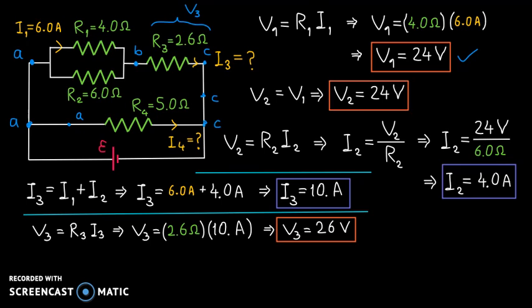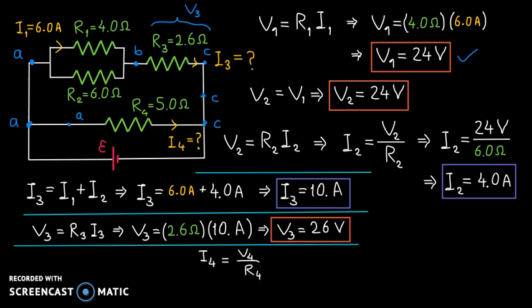Now we can calculate the total potential change all the way from point A to point C. And it's going to be again equal to potential change from A to B, which is 24 volts, plus the potential change from B to C, which is 26 volts. By the way, these are all decreases in potential. So these are all potential drops.